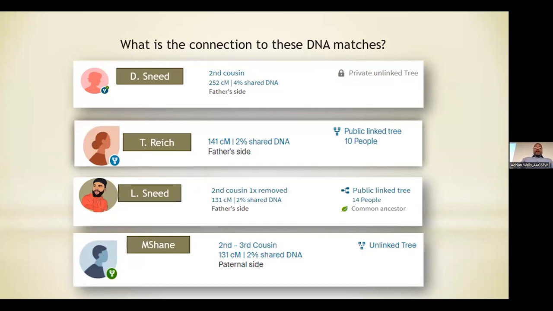These were considerably high DNA matches, so I'm trying to figure out who these people are, and they all had a common surname, which was Sneed. So I was like, well, who are these Sneeds? Because I've been doing research for a long time, and I had no clue who they were. But like I said, I found out that my dad's not my biological dad, so these were on my biological paternal side.